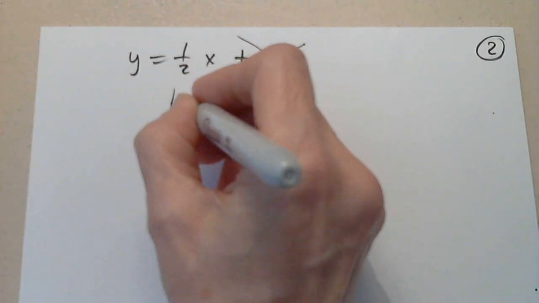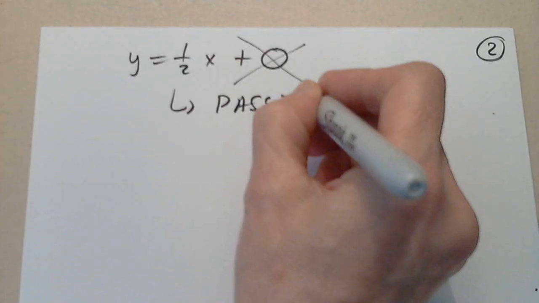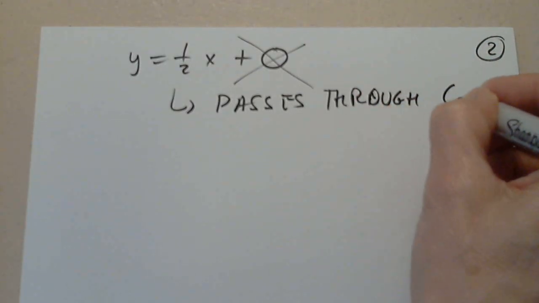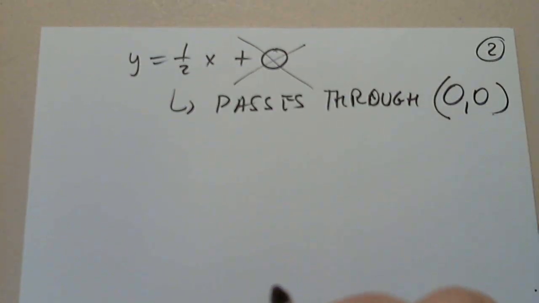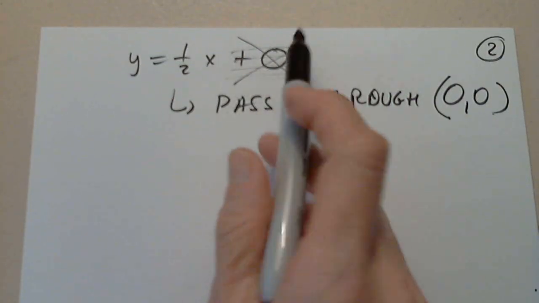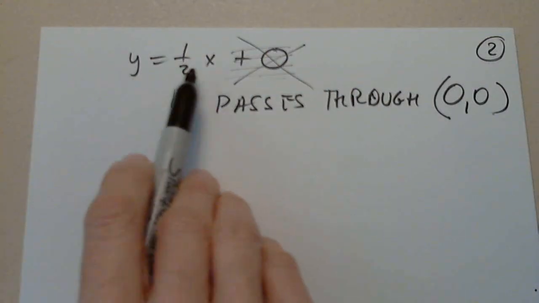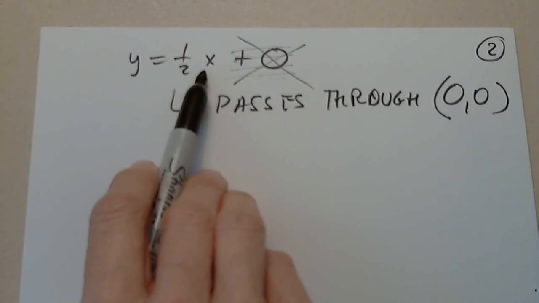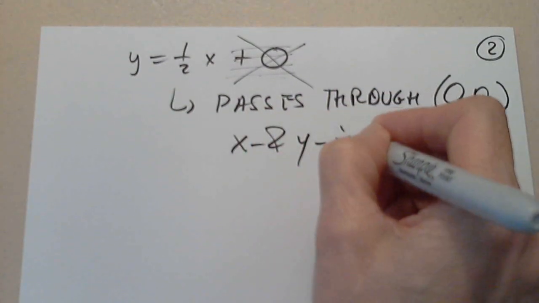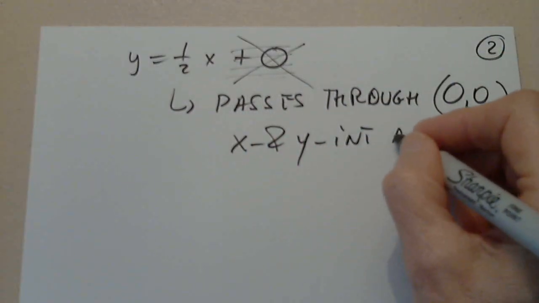So this line passes through 0, 0. A line that does not have a term with no variables in it will always pass through the origin. In other words, the x and y intercepts are the same point.